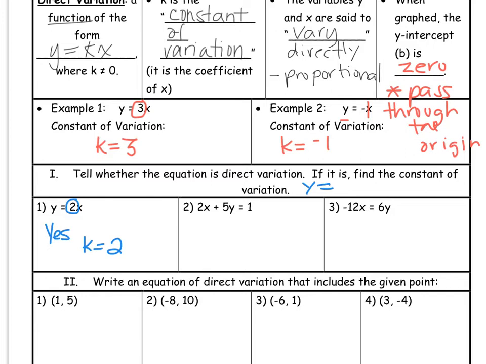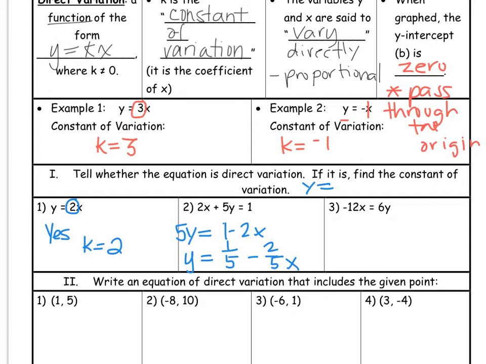So in example 2, I don't have this in y equals form, so I need to get it there. And when I do that, I start by subtracting 2x from each side, and I get 5y equals 1 minus 2x. Divide by 5, and I get y equals 1/5 minus 2/5 x.